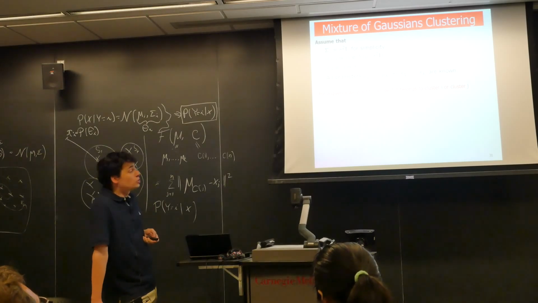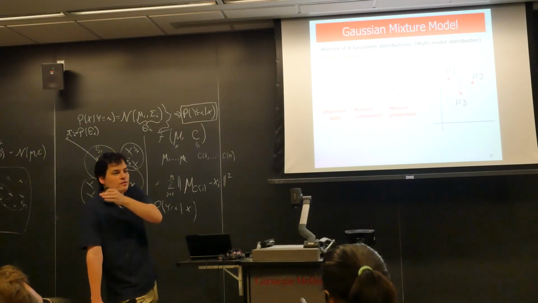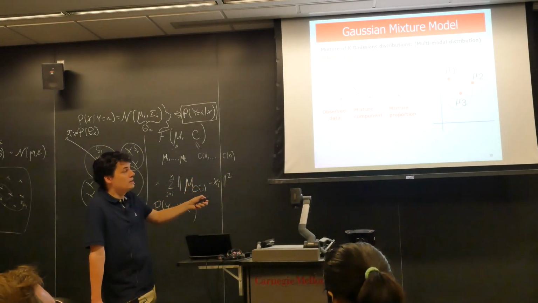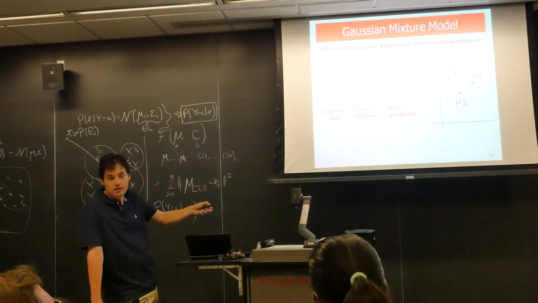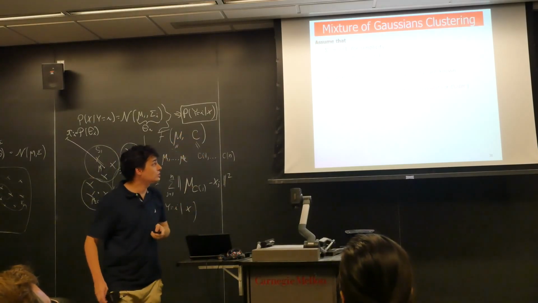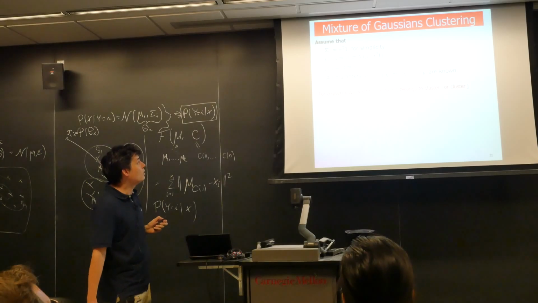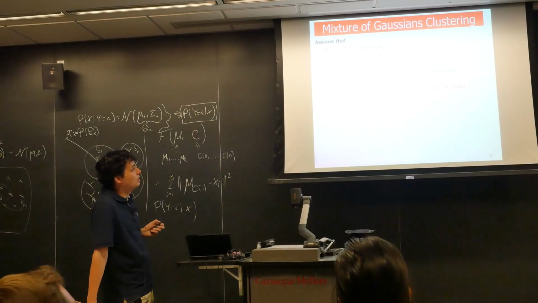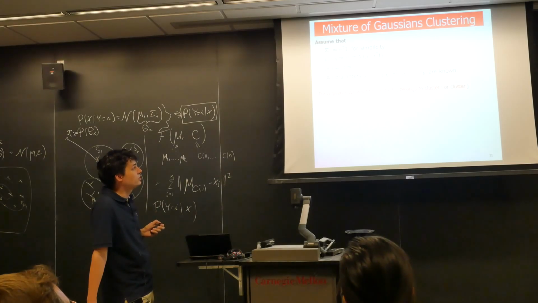Our ultimate goal is that we have a bunch of observations x1, x2, ..., xn, and we want to estimate mu i, sigma i, pi i, and then calculate this probability. But to simplify our life, for now let's assume that the covariance matrix sigma i is just a diagonal matrix with identical diagonal elements, so sigma squared times the identity matrix.